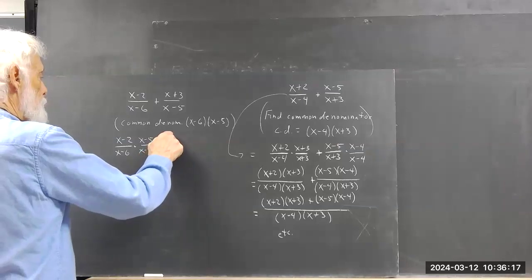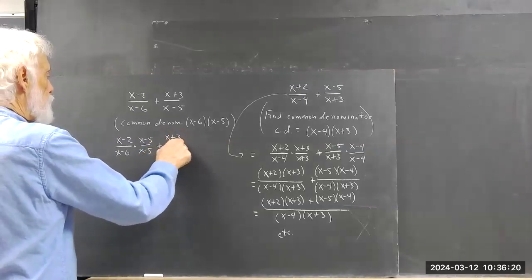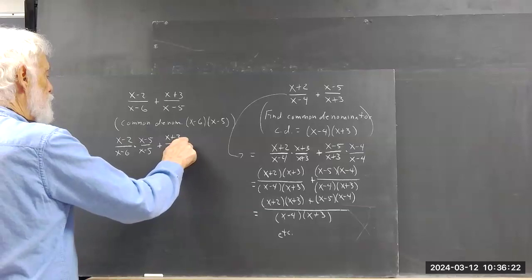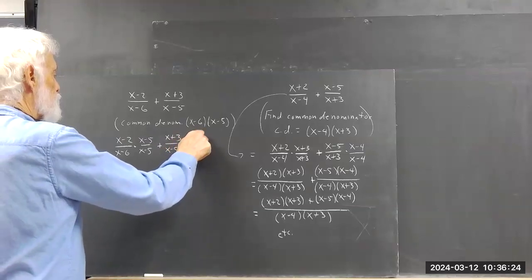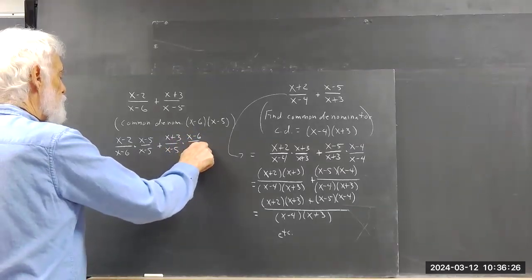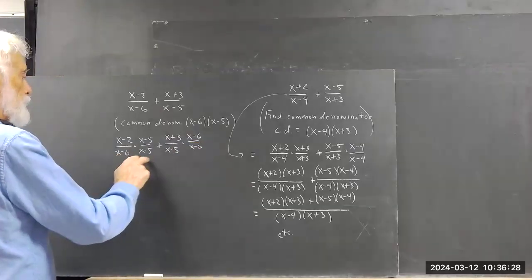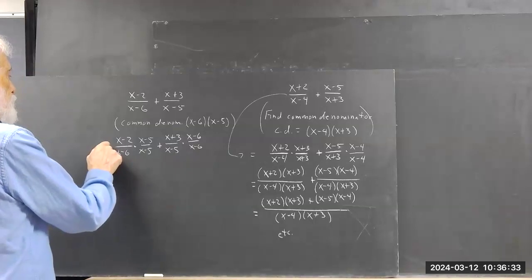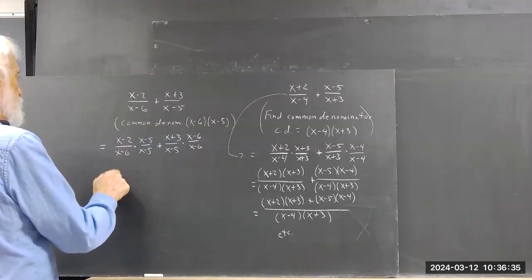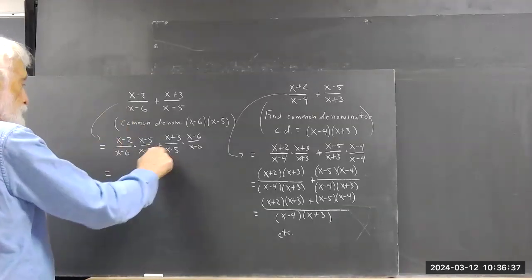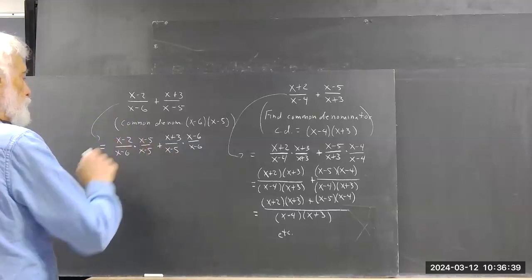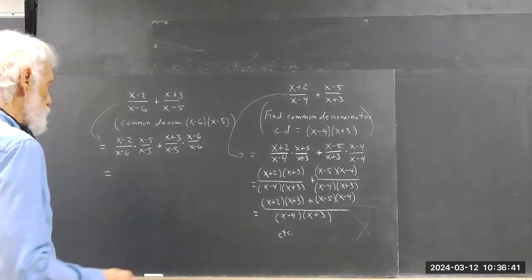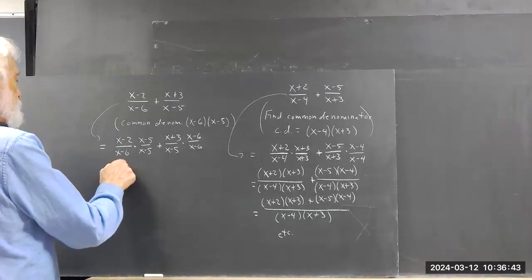Then it's plus x plus 3 over x minus 5. We're going to multiply that by x minus 6 over x minus 6, so that our denominators here and here are going to be equal. Okay, so we get this equals this. Now we multiply the numerators out. I'm not going to go through the details of the distributive law.